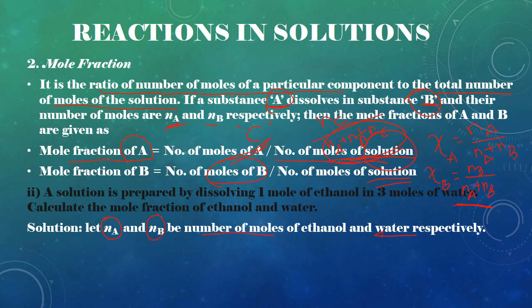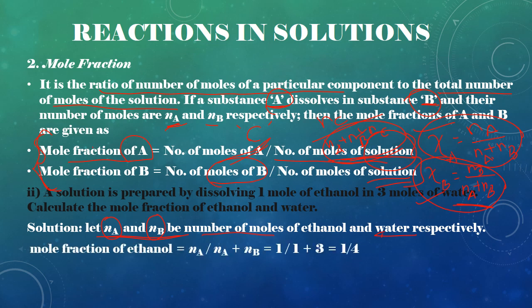Now you can either write this statement and write this formula to calculate for ethanol and then for water, or you can write the entire formula. It's your choice. If you're writing these kind of formulas, then you need to mention what is Na and what is Nb. Otherwise you can directly write these formulas and substitute.